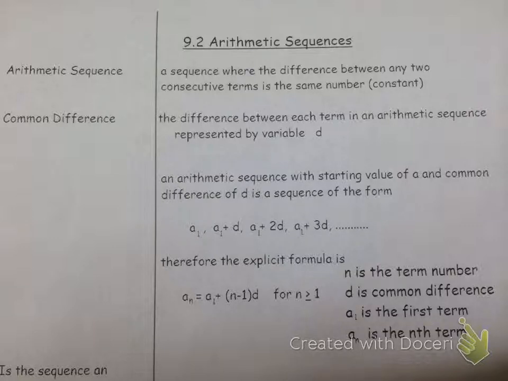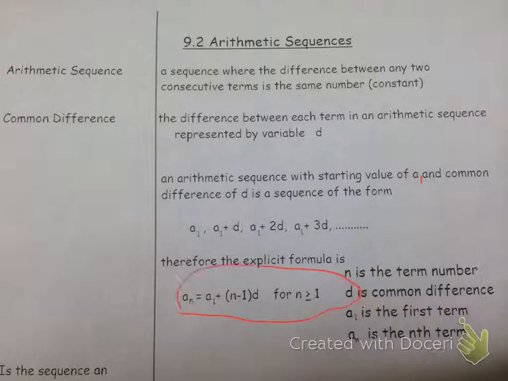So an arithmetic sequence with starting value of a and common difference of d is the sequence of the form here. So a is really going to be a1 because that represents the first term. So you have a1, then a1 plus the common difference, then a1 plus another common difference, which is going to be a1 plus 2d, and so on.